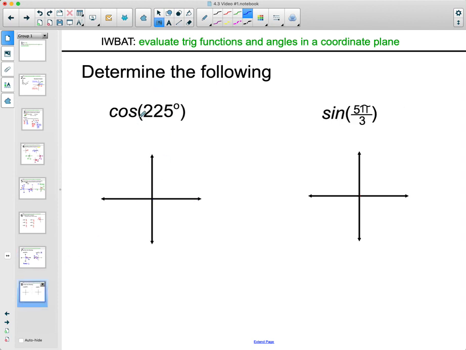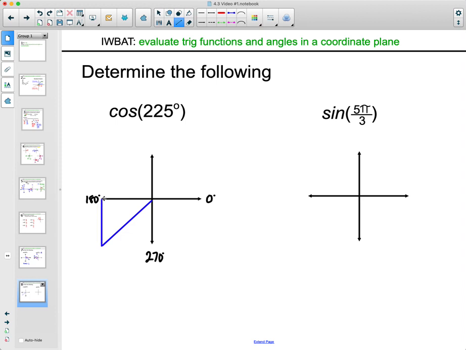Two more. So cosine of 225. So again, we have 0 degrees here, 180 degrees here, and then this is 270, so it's going to be between there. So 180 to 225 is going to be a 45 degree reference angle because it's 45 degrees past 180.